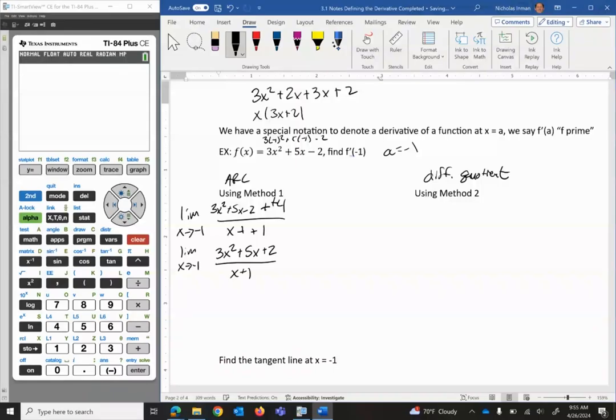I factor by grouping. That's just the way I've always been told to factor. And then 1 comes out of those.